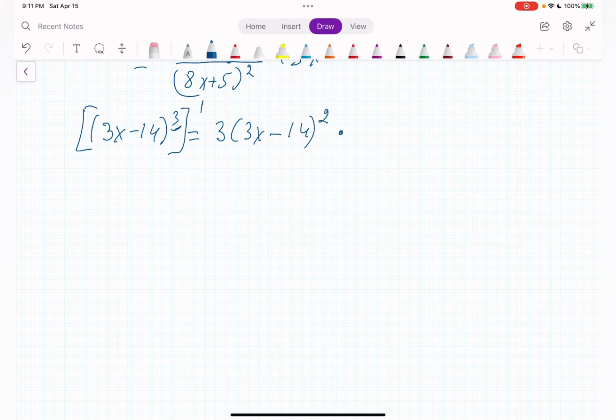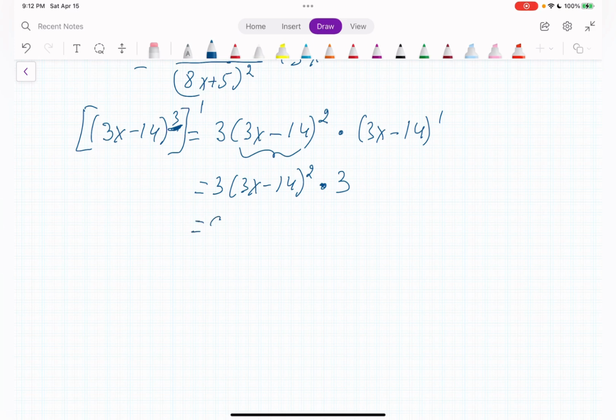And then times the derivative of this inside. I'm going slow. First you take the outside derivative of this degree 3 here, and then take what's inside the parentheses. So it's equal to 3 times 3x minus 14 squared times the derivative of 3x, which is 3. The derivative of negative 14 is 0. The result is 9 times 3x minus 14 to power 2.